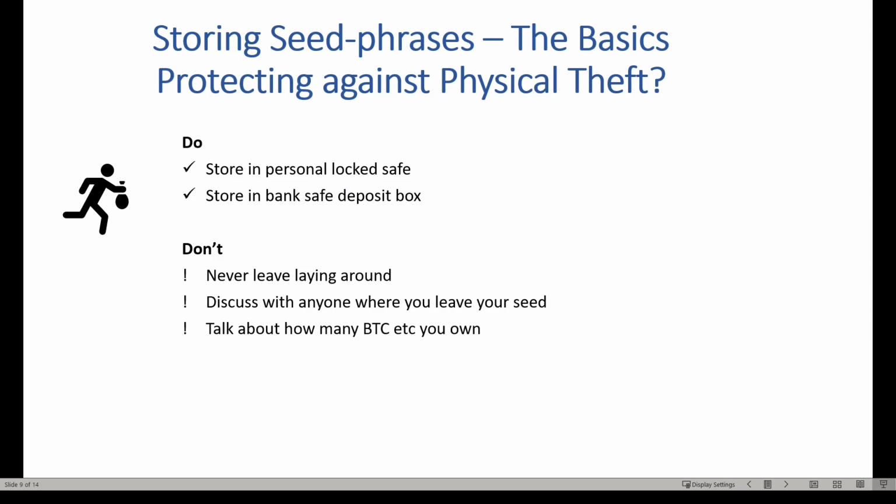Well, this is really basic, and this is no different to what you do with valuables that you may already own. Jewelry, could be precious metals, any sort of documents or anything like that, or cash for that matter, where if you've got a safe, that is a great place to be storing things like that.